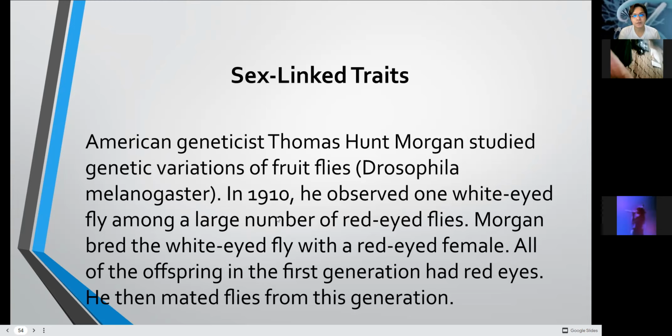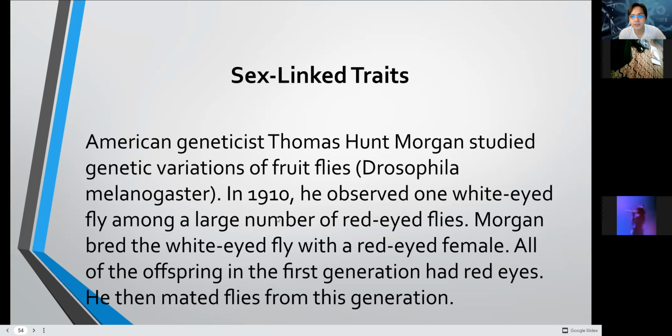We can actually observe them if you have bananas at home. They will just come out of somewhere, and these fruit flies can breed faster, so we can have results faster.